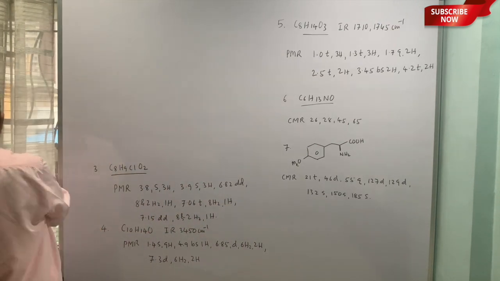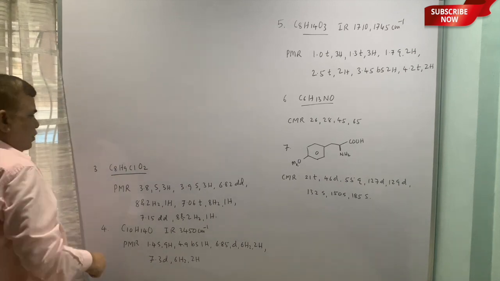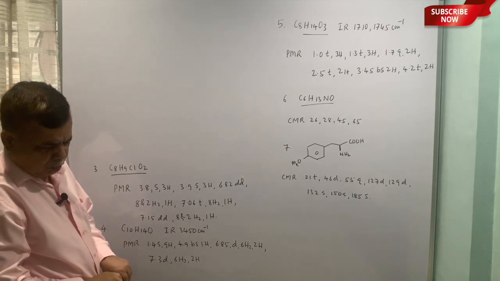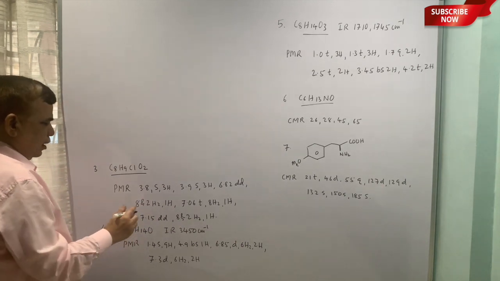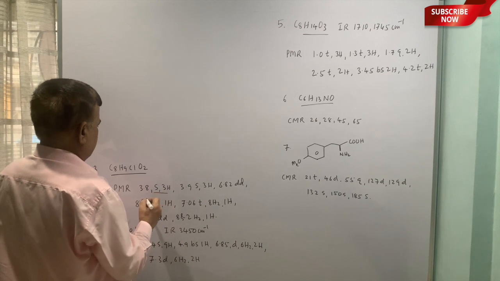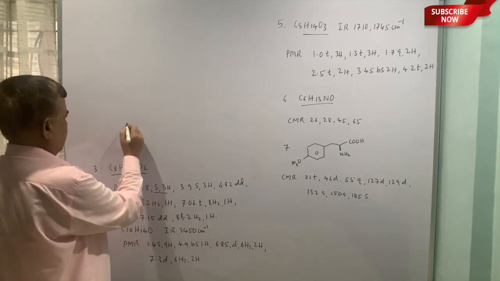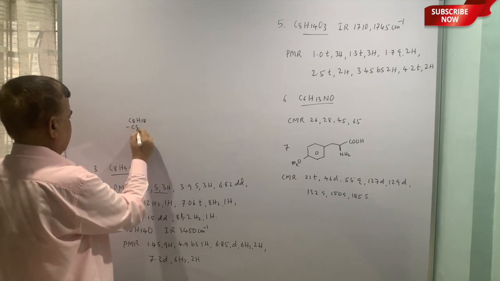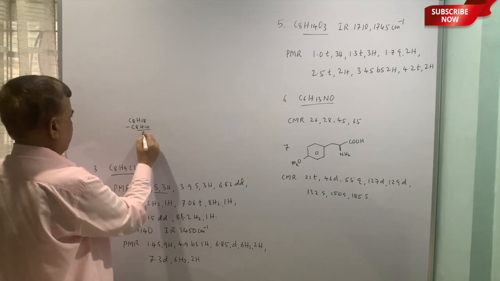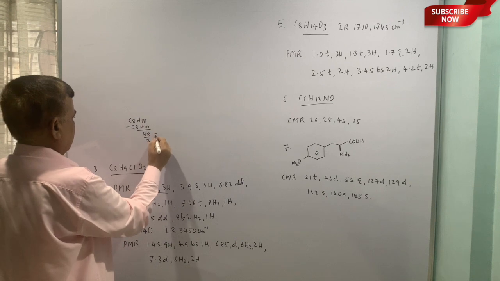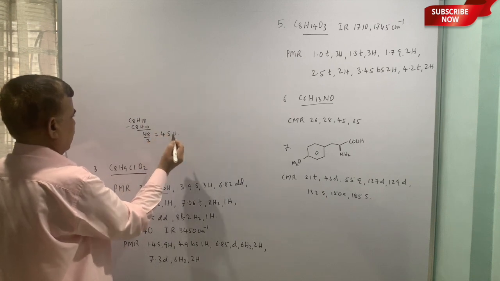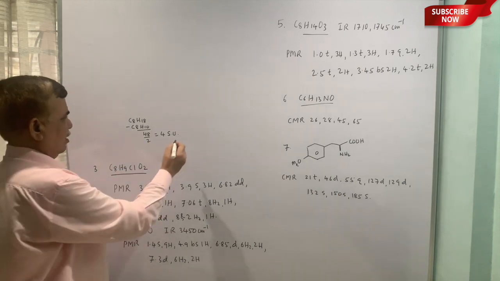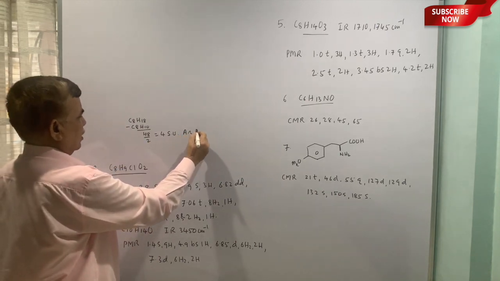Okay. C8H9Cl2O. Now let us look at the first of all C8H18 minus C8H10. We are substituting chlorine with hydrogen. So 4 sites of unsaturation, maybe aromatic ring you can say from here.